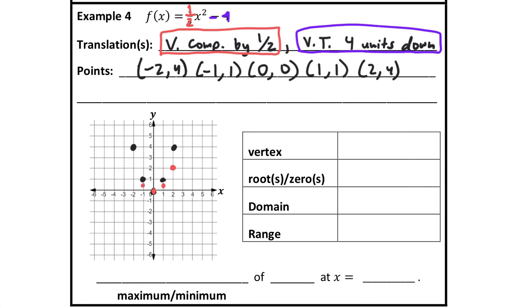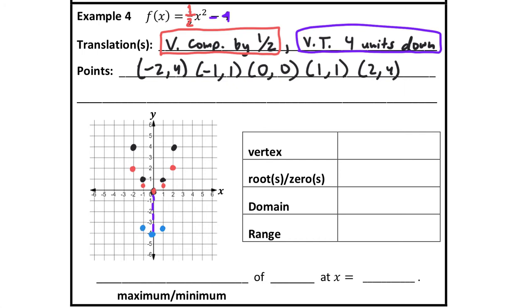And so then I copy the location of these points and then move them down 4. So instead of going one right, one up, I'm going to go 1 right, half up, because I'm cutting the distance in half.